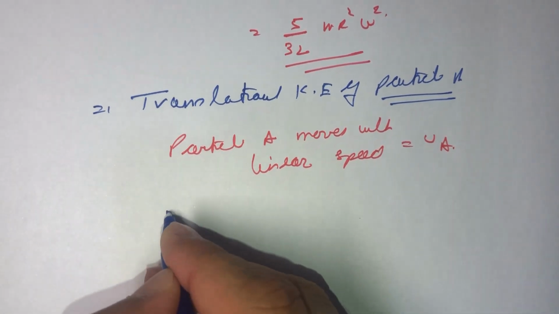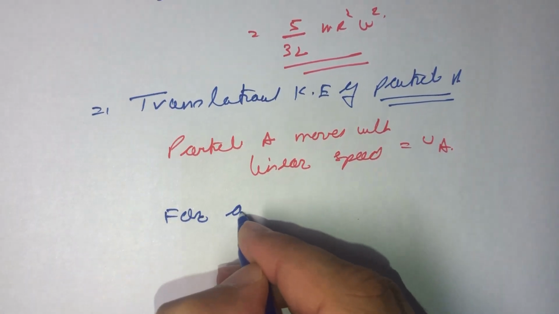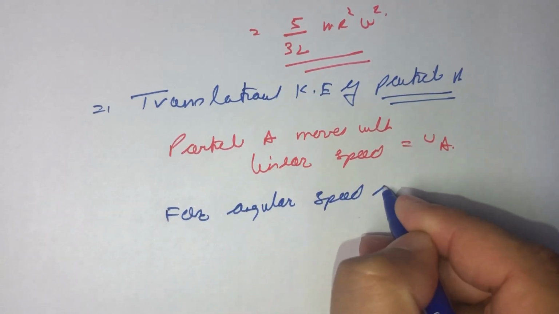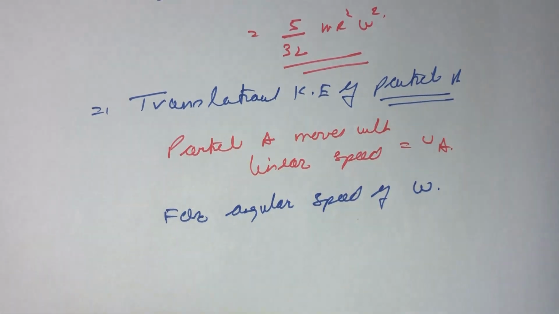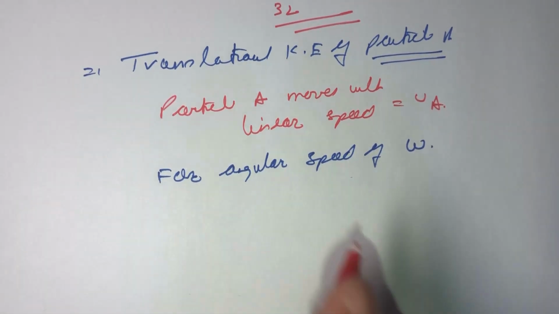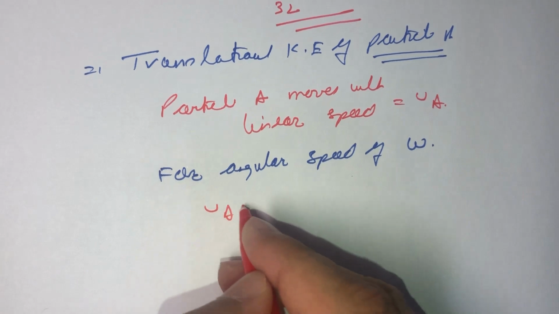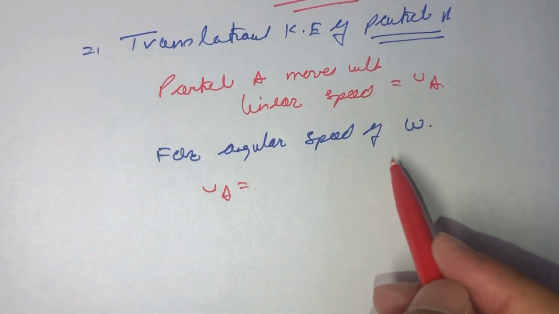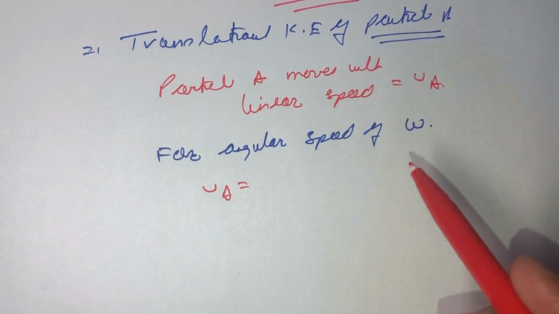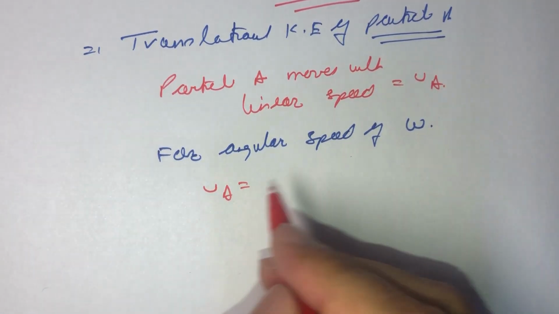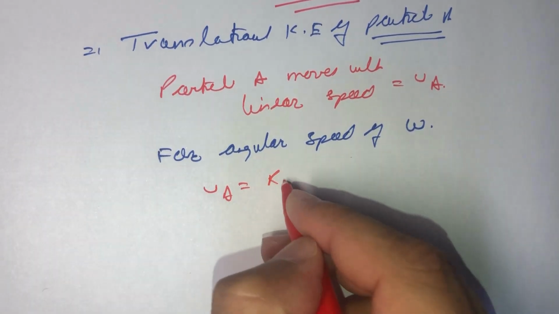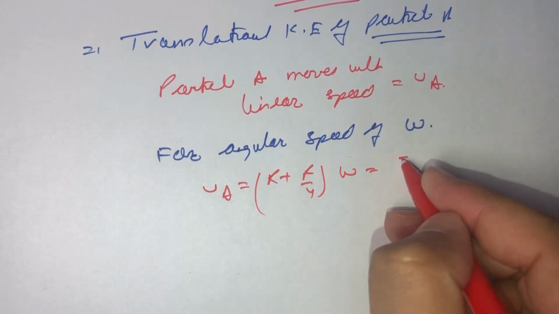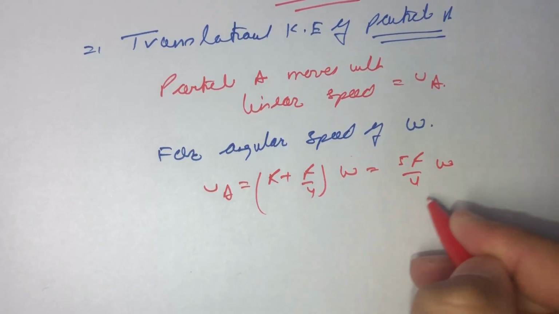So you can say for an angular speed of omega, the linear speed VA will be equal to the distance between the axis of rotation and particle A multiplied by omega, that is r plus r by 4 times omega, which comes as 5r by 4 into omega.